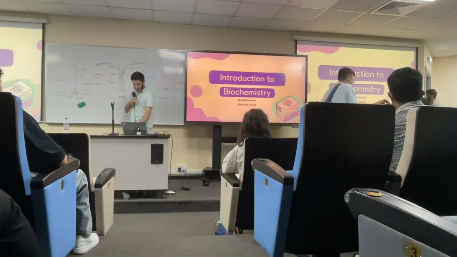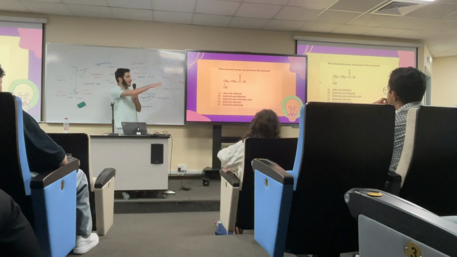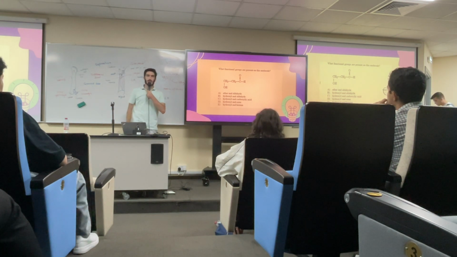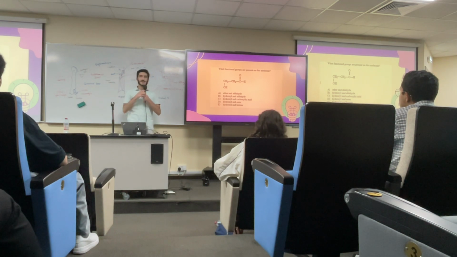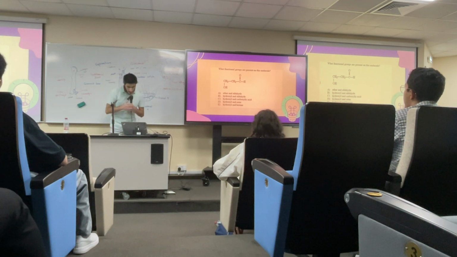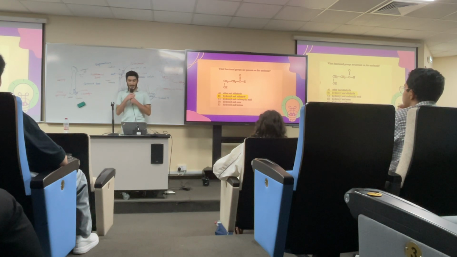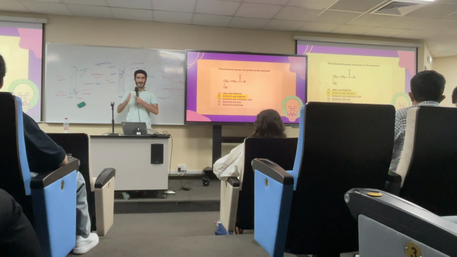Okay, so let's start. Let's check if you actually understand. What are the functional groups that you can see in this molecule? Raise your hands. That is correct. Yes, hydroxyl and aldehyde. But why is it not a ketone?